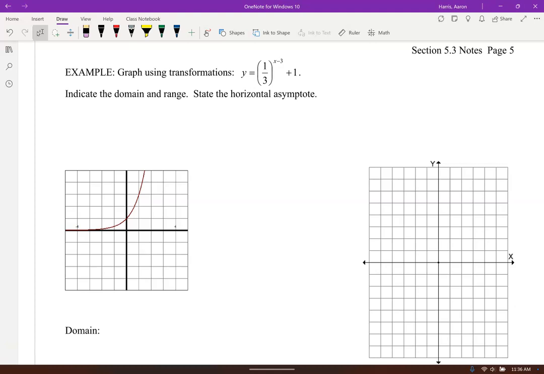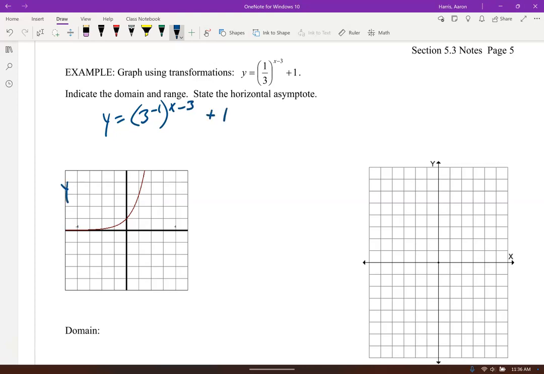All right, this one. It looks like we have our base here is 1/3. Actually, you could do this a couple different ways. I would personally start with 1/3 to the x, but you could also do 3 to the negative 1.